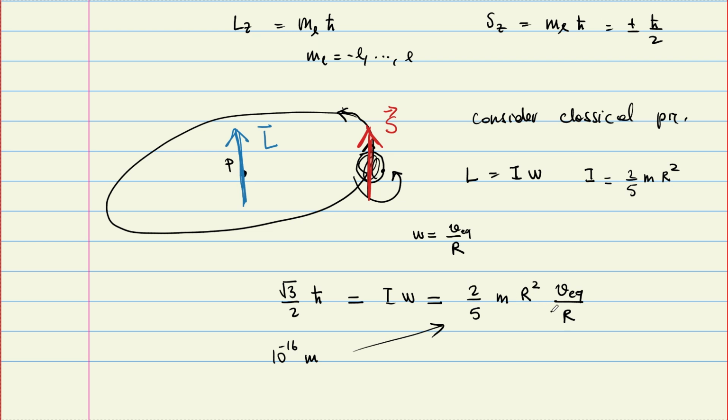Now radius is known. This is r, at least that's the estimate. And m is electron mass, this is also known. H bar is a fundamental constant, we know it from, for example, black body radiation and all those things. And if you do that, the speed at the equator comes out to be 10 to the 4 times the speed of light. And basically what this says is this is nonsense.